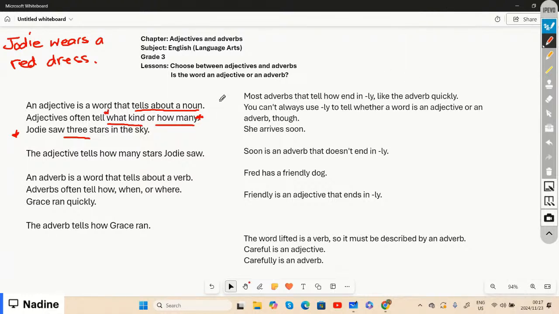If we were to identify the adjective that tells us what kind, then we can say red. What kind usually tells us in the form of a color or size or something that describes the noun.